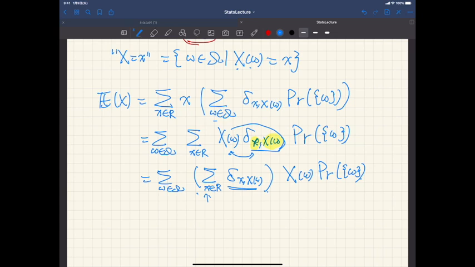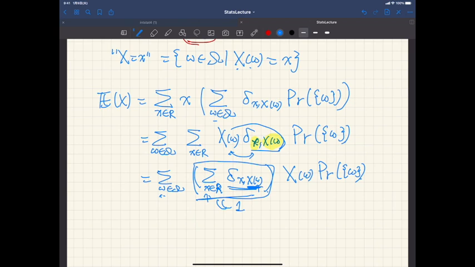So what is this value? This is actually equal to 1. Why? Because within this summation, the value of omega is fixed. So this is a constant. And we vary lowercase x over all the possible values.